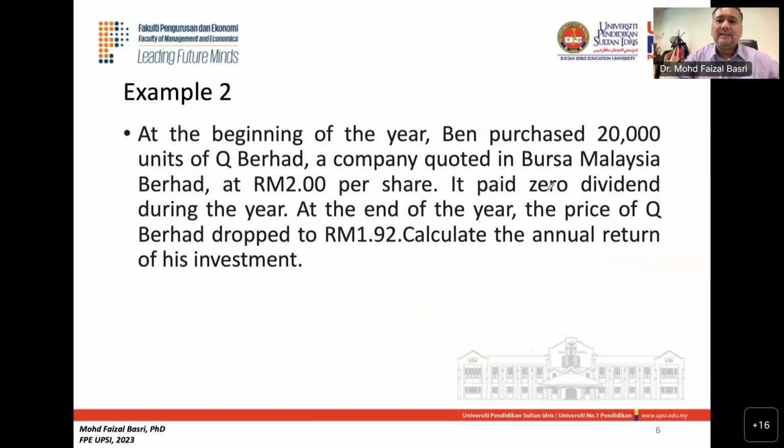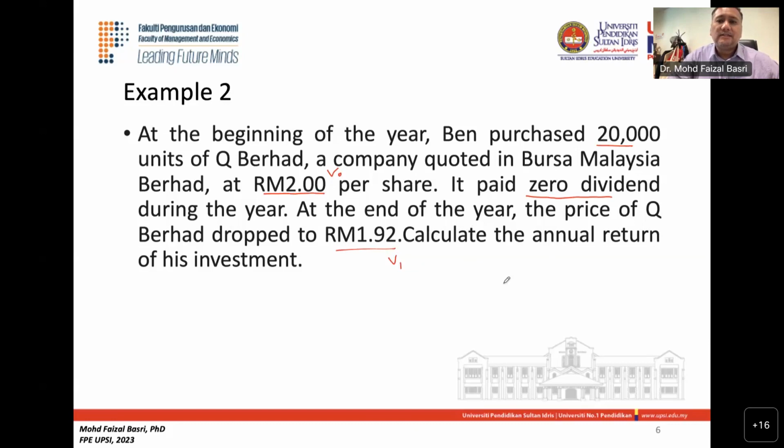So this is another example with zero dividend. At the beginning of the year, Ben purchased 20,000 units of Cuberhard at 2 ringgit per share. So this is the original value. And the price dropped to 1.92 at the end. So again, calculate the annual return of his investment for Ben.